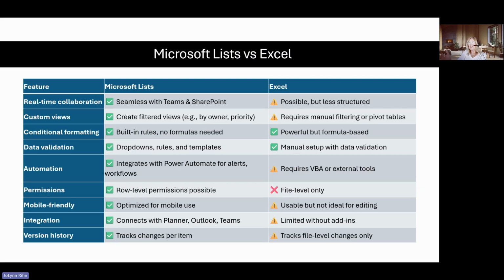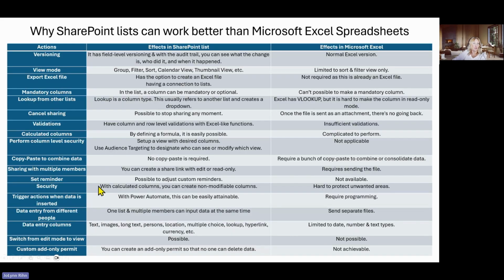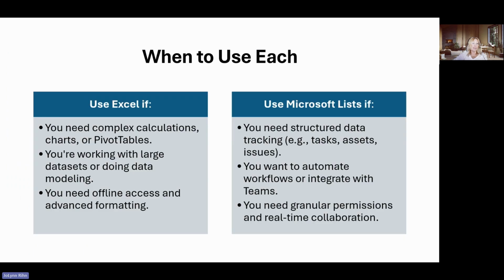So when we think about the side-by-side comparisons of what exactly a list does versus what the effect is in Excel, which of course you have in your handout as well, we have a lot of capability when it comes to using lists. I like the ability of having each column have its own data. So we choose the data type when we create the column. That is so much easier than doing it in Excel.